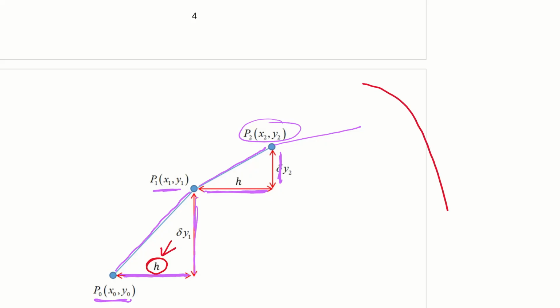If the gradient goes down very steeply like this, and you're computing the gradient up here, and so you go off in this direction, you end up a long way from the real curve. So small values of h are needed to span with reasonable accuracy. We'll have a look at that as we go through the following examples.